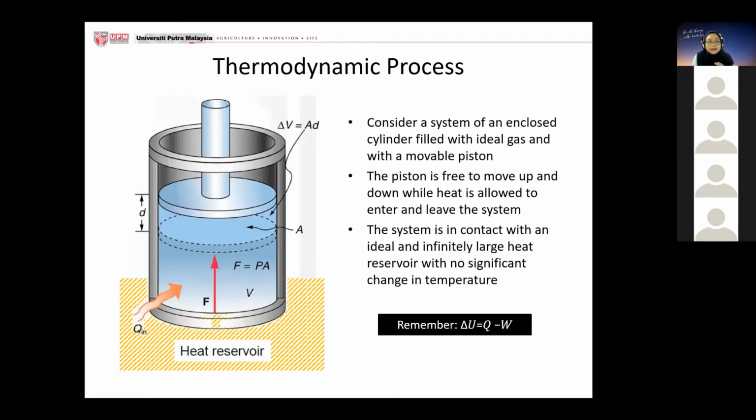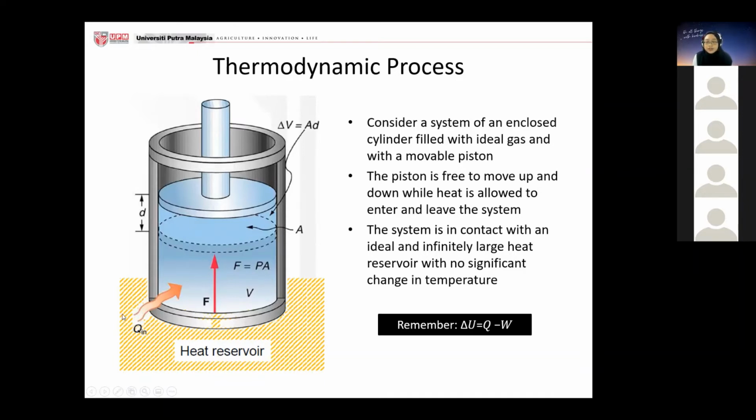The easiest way to think about that is, if you look here, the first law of thermodynamics just now: delta U equals Q minus W, where Q is the heat and W is the work.